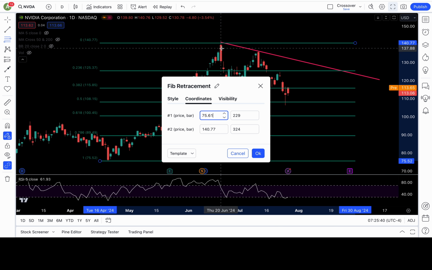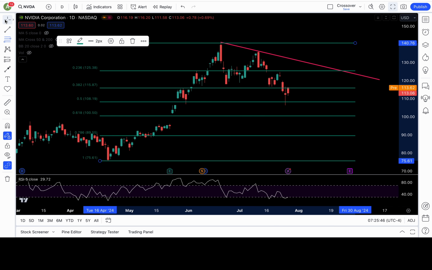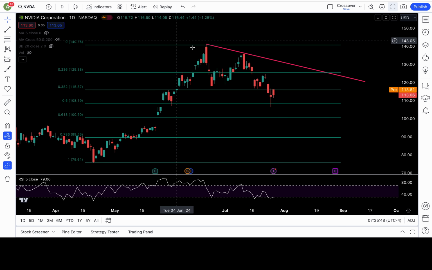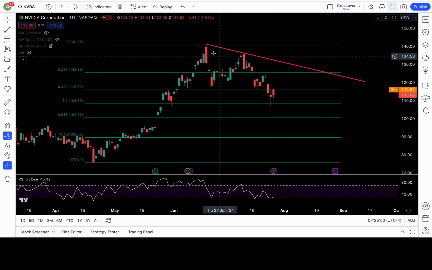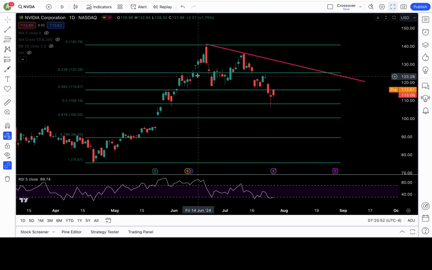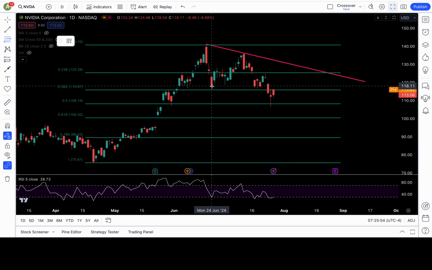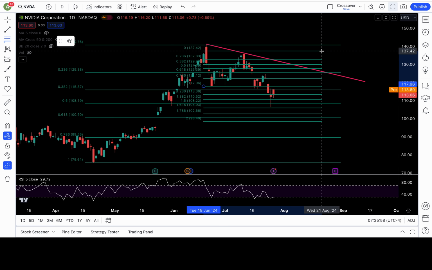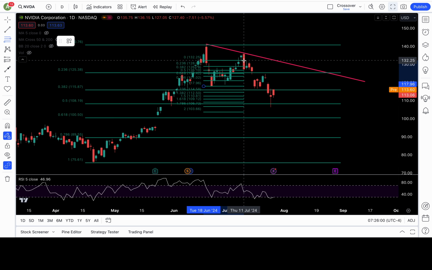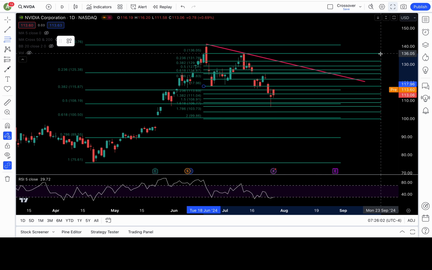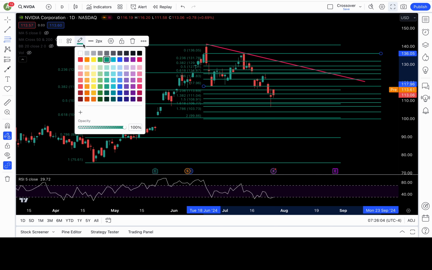Okay, and then we have June 20th high was at 140.76. All right. So we got more medium-term levels. And then we got the correction. All right. So we'll go from this pivot low. That's from June 24th. Bring it up to this pivot high. This was July 11th. Let's change the color.